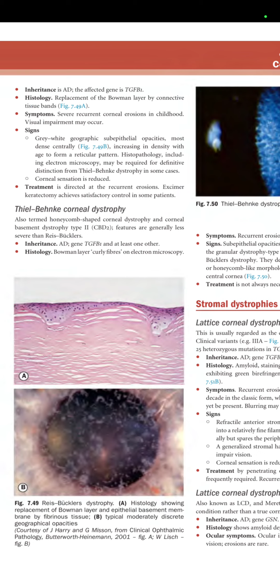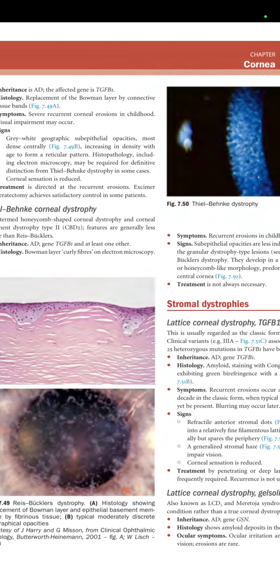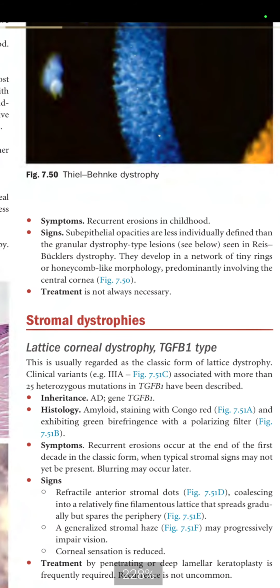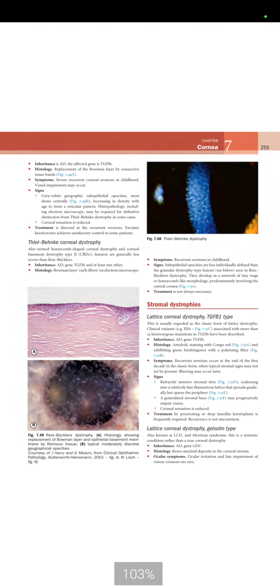There will be curly fibers. So that is how you differentiate between Reis-Bücklers and Thiel-Behnke corneal dystrophy. Symptoms are recurrent erosion in childhood. Subepithelial opacities are less individually defined than the granular dystrophy type lesions seen in Reis-Bücklers dystrophy. They develop in a network of tiny rings or honeycomb-like morphology, predominantly involving the central cornea. Treatment is not always necessary.